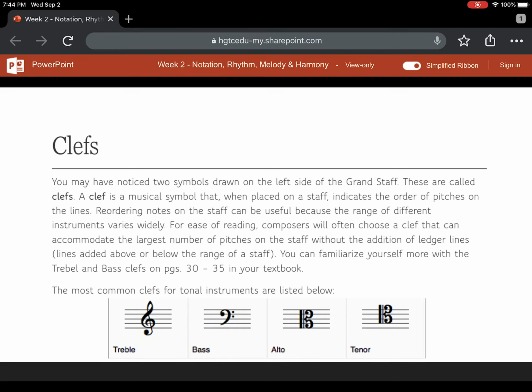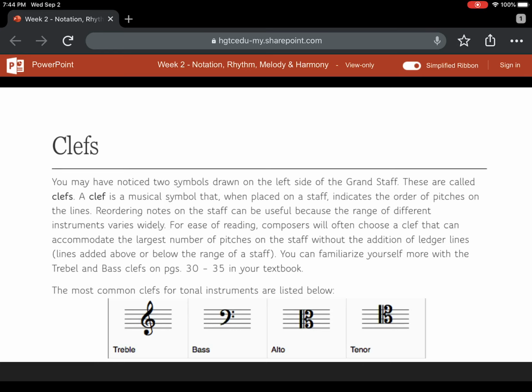The top line of the alto clef is a G note. And the top line of a tenor clef is an E note. Right? So these are the 4 most common. There are other ones out there, but 90% of the time, these are the only ones. Actually, 99% of the time, these are the only ones that you'll see.